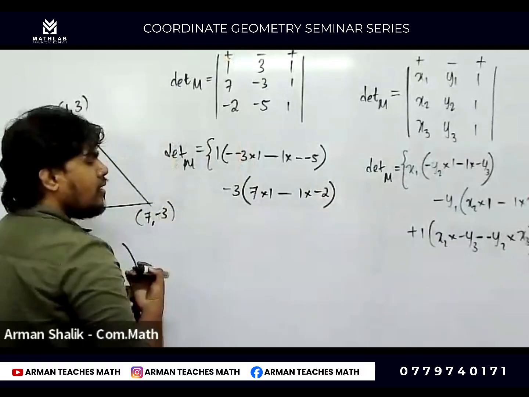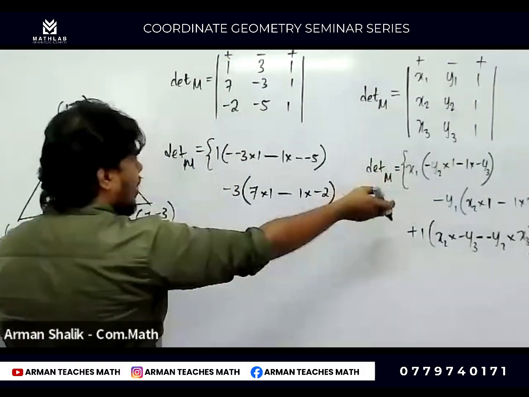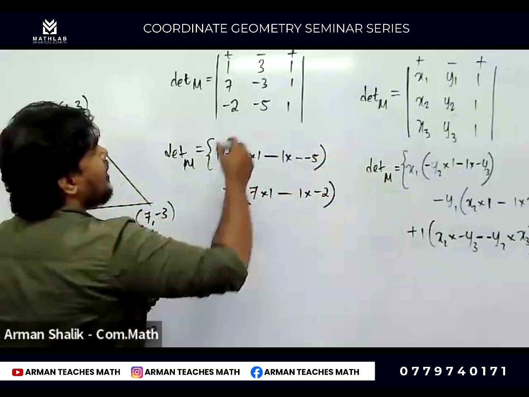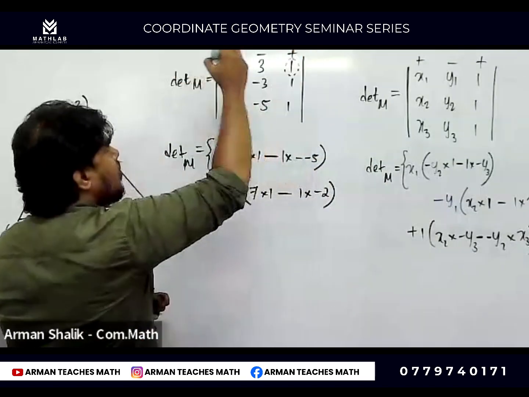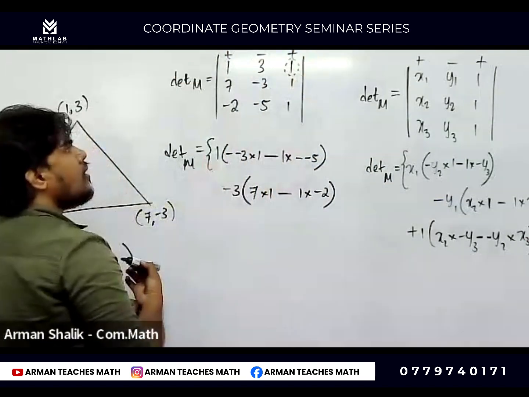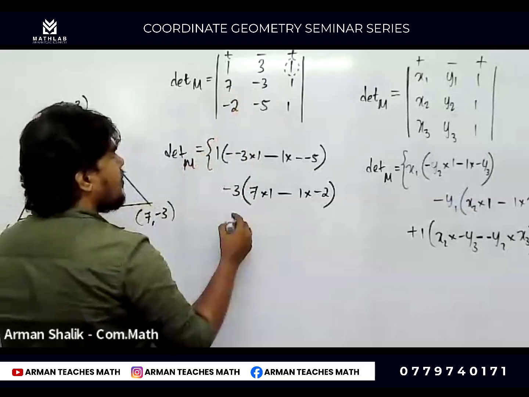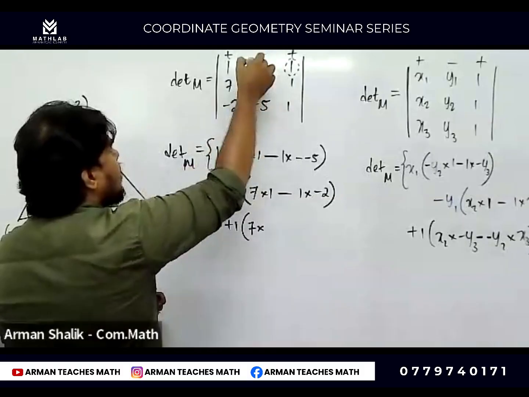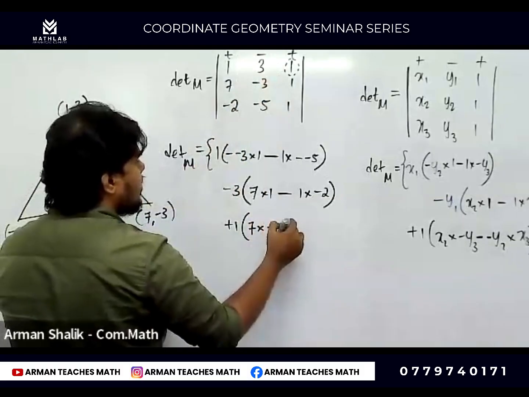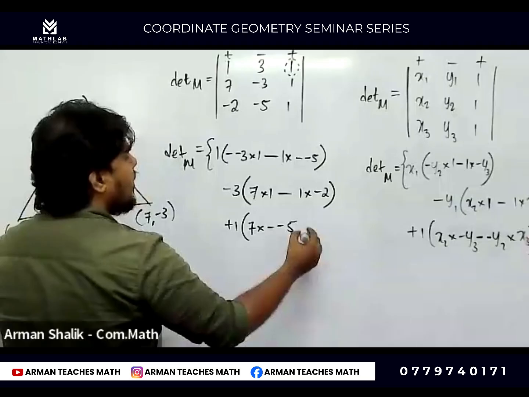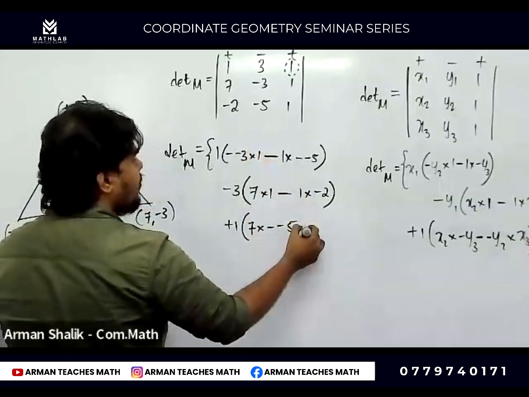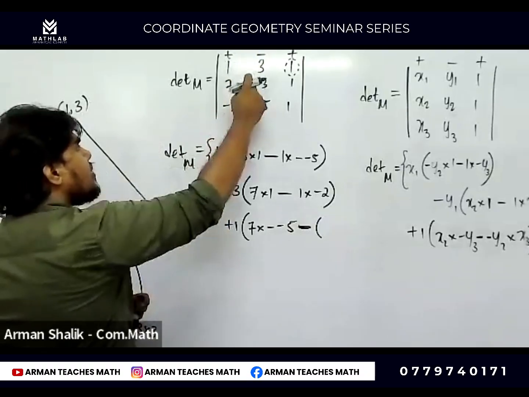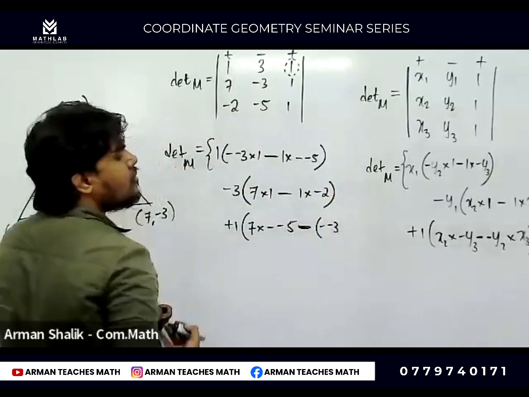Then, if I take this one and this one discarded, 7 times, from the minus column here, plus 1 times. From this minus column, we have minus 5, and a minus minus 5. By default minus, minus minus 3, or is minus minus 3.